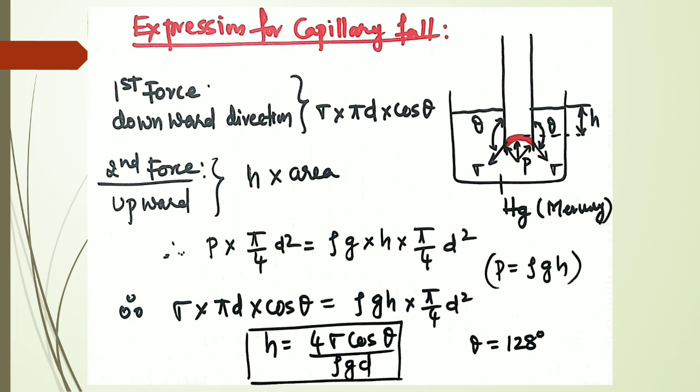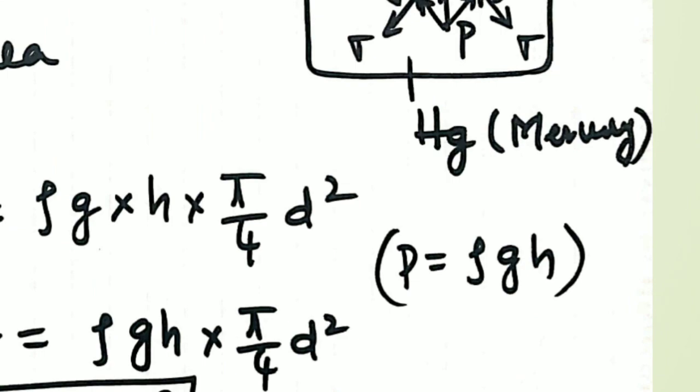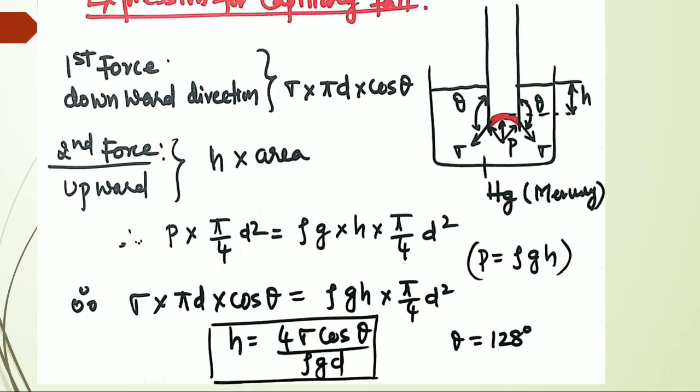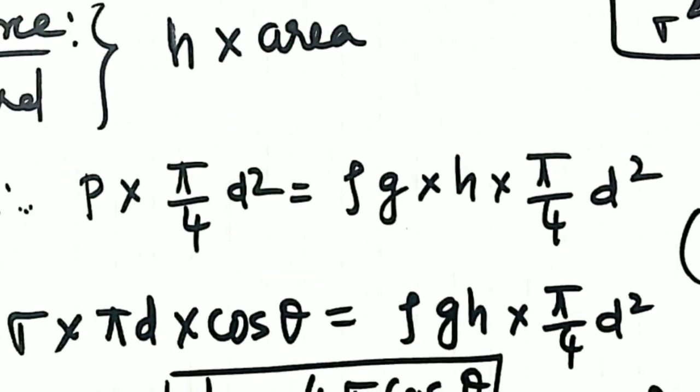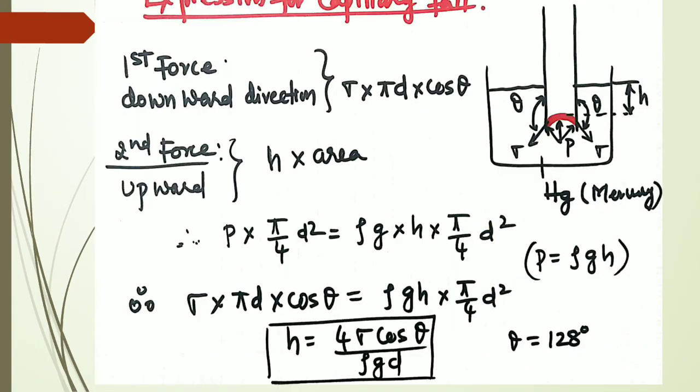If I equate, the pressure P can be written in terms of the density of the fluid as rho g h. Substituting that P value, the upward force is rho g h into pi by 4 d square, which you can call equation 1.